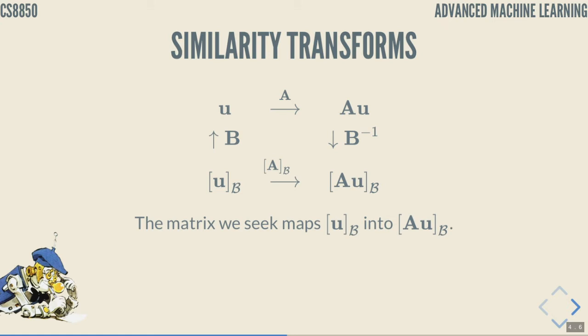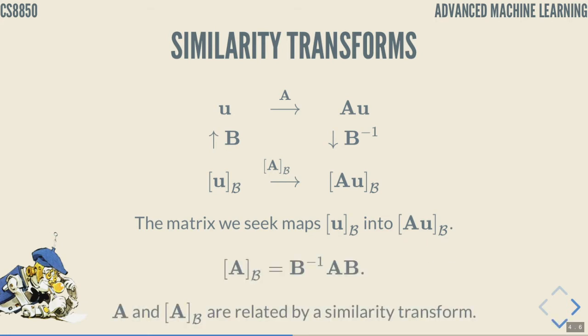Similarity transforms. Just to repeat, the matrix we seek maps U sub B into AU sub B. Ta-da! You were right when you guessed on the last slide. That is the transform, and the way we derived it, this is called the similarity transform.